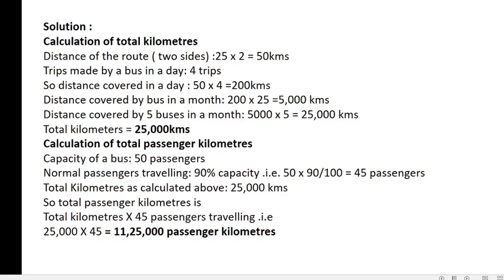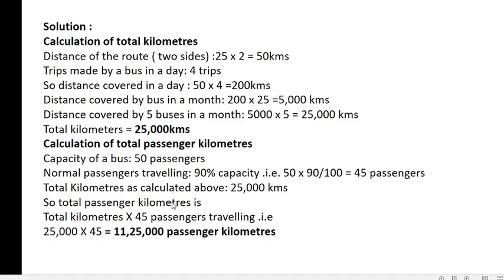Now we move on to the calculation of total passenger kilometers. Capacity of the bus is 50 passengers. Normal passengers traveling is 90% of the capacity, that is 50 into 90 by 100 is 45 passengers. We have already calculated total kilometer, that is 25,000 kilometers.